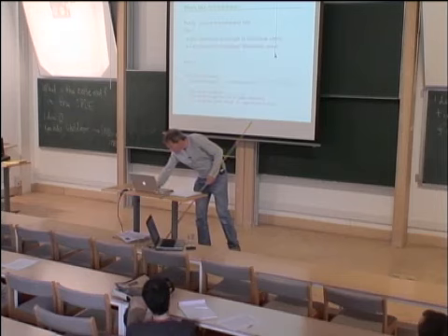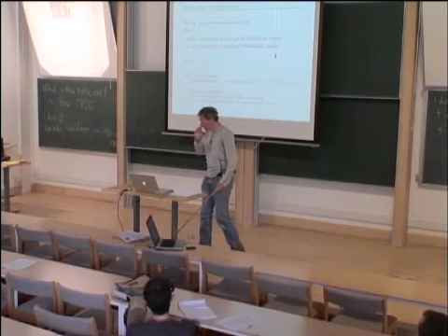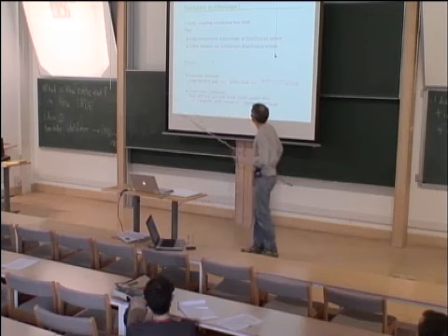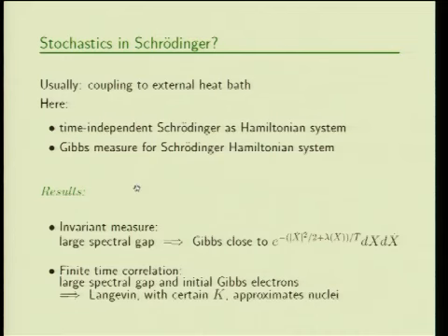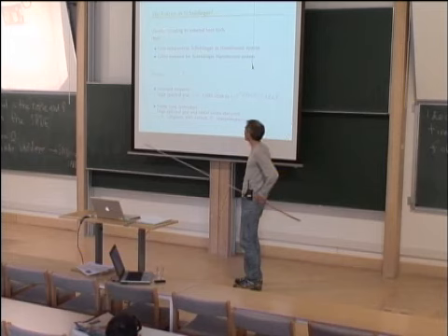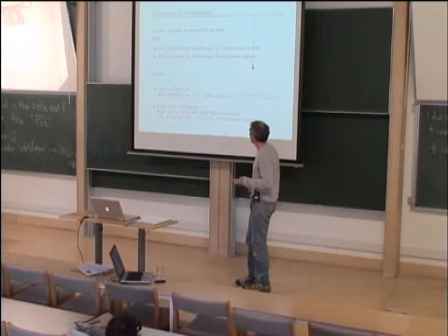This is something I will try to answer. As I said, I will start from the Schrödinger equation, view that as a Hamiltonian system, and introduce Gibbs measures on it. And I have two results.